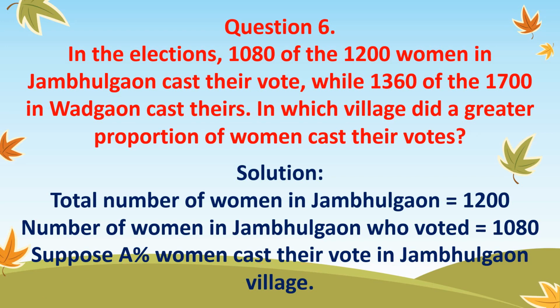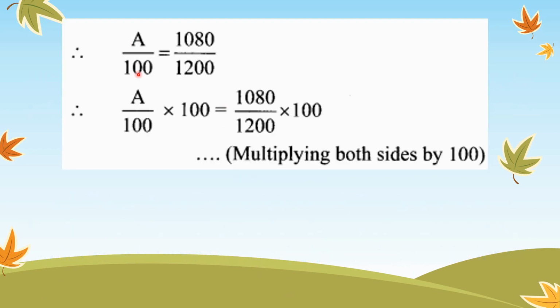So A upon 100 is equal to 1080 upon 1200. Here we are multiplying both sides by 100. So A upon 100 multiplied by 100 is equal to 1080 upon 1200 multiplied by 100.